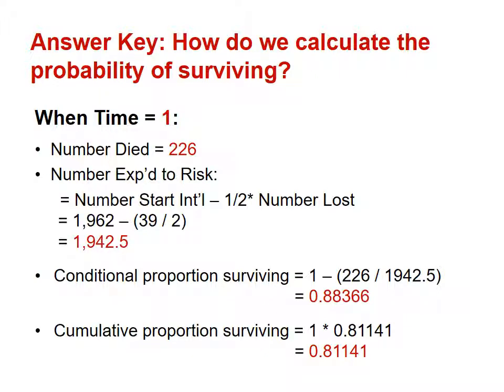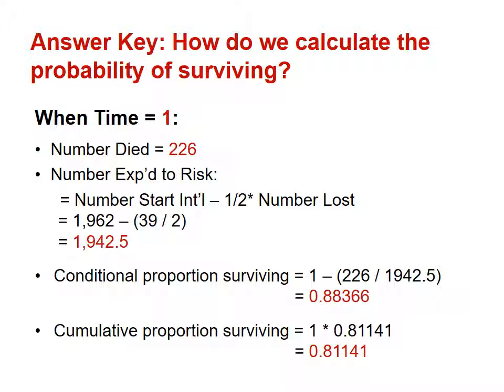These are the calculations that have just been explained in the previous slide. So when time is equal to 1, the total number of people who died was 226. So how do we calculate the number exposed to risk?